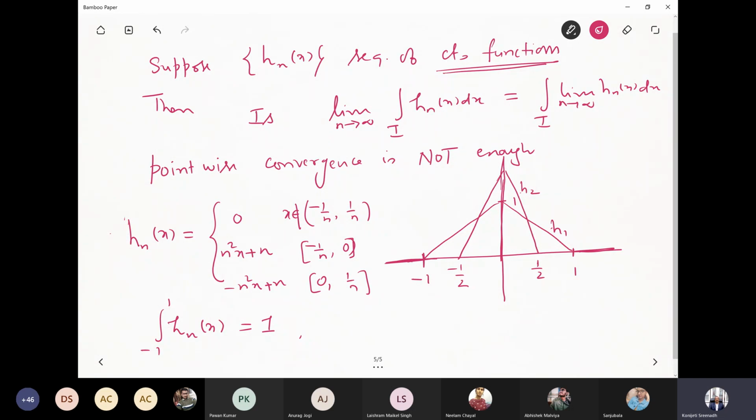And the limit of h n x goes to 0 if x is non-zero. And the limit function is not well defined at x equal to 0.